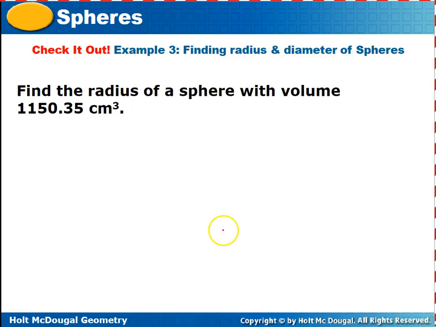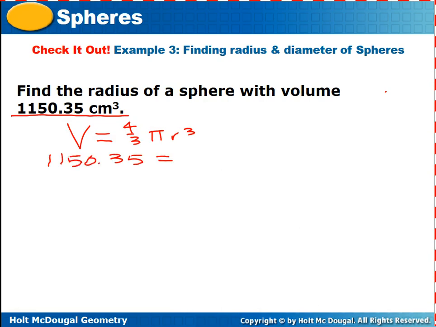So this next problem. Find a radius of a sphere with a volume of 1150.35 centimeters cubed. Now this is the one where we're given the volume. Now you should notice this time that there is no pi in that answer. So volume is equal to 4/3 pi r cubed. I'm going to put 1150.35 is equal to 4/3 pi r cubed.